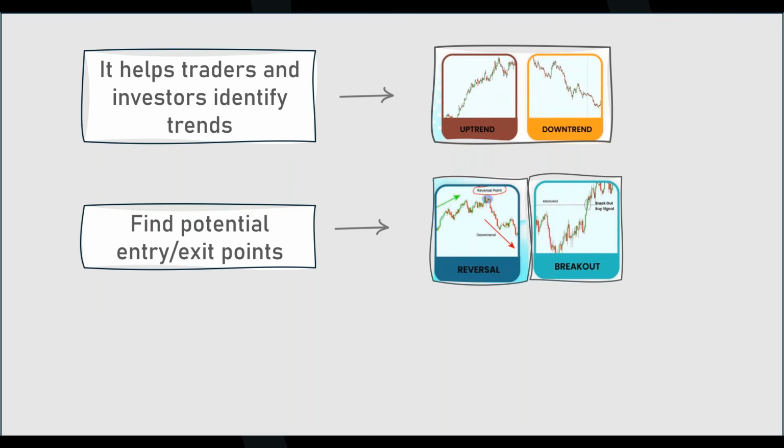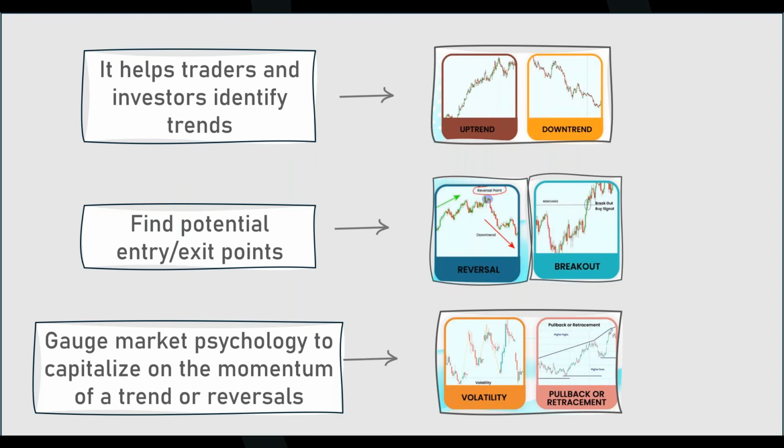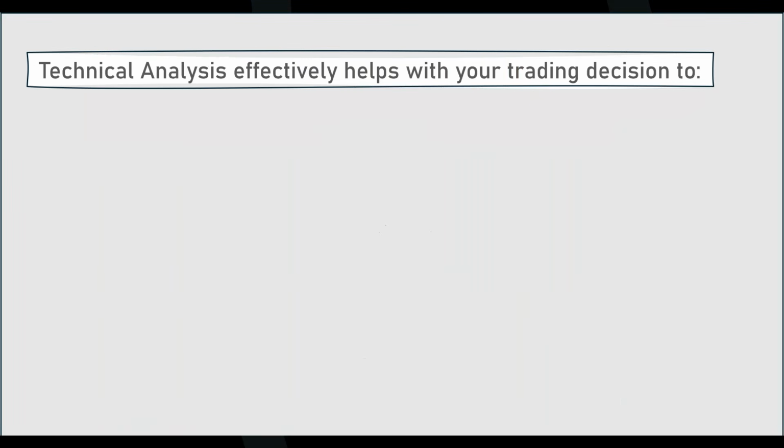So by applying technical analysis, you find a level and you actually wait for the level to be breached before you enter. So you exercise a lot of patience. I've learned a lot of patience trading using technical analysis. It finds potential entry and exit points, and it's generally gauging market psychology and capitalizing on that momentum, whether it's a trend that's going up or downwards or there's a reversal, but that's what it's all about.